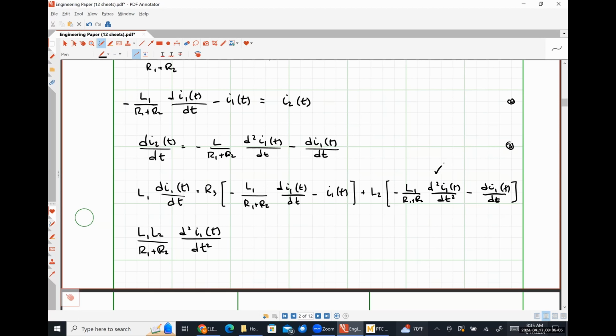So that's me taking care of this term right here, where I'm moving this L2 in and moving everything to the other side of the equal sign so that we get a positive coefficient out front. Did I do that part correctly? Okay. Now we're going to worry about our first derivative terms.